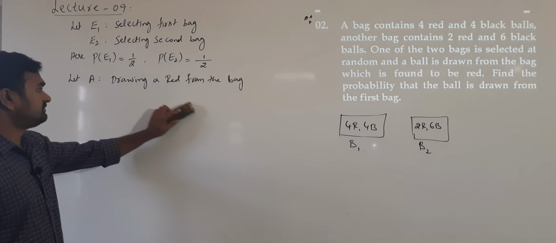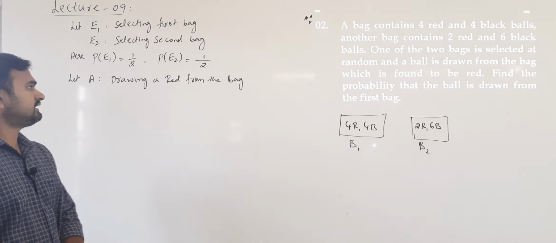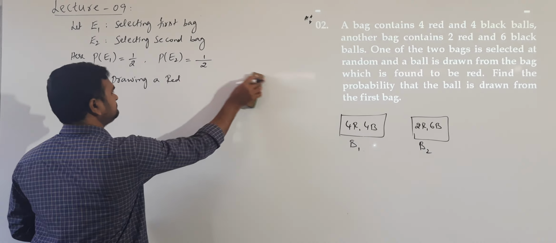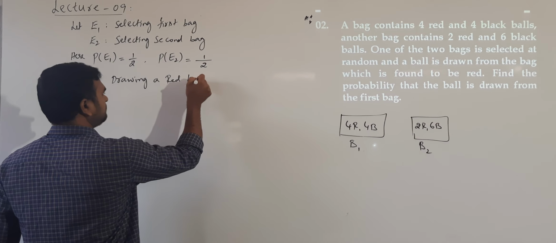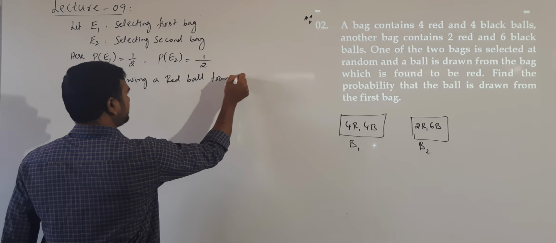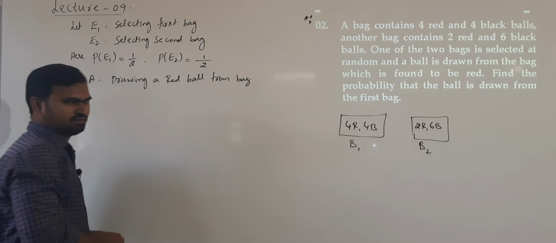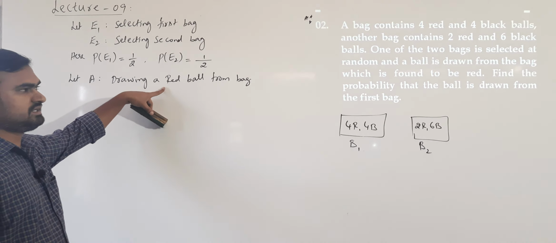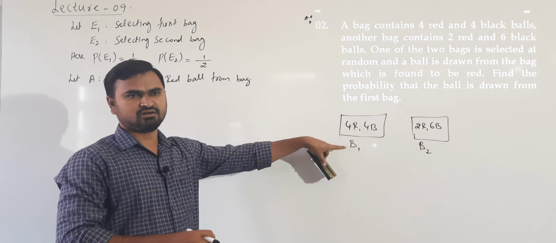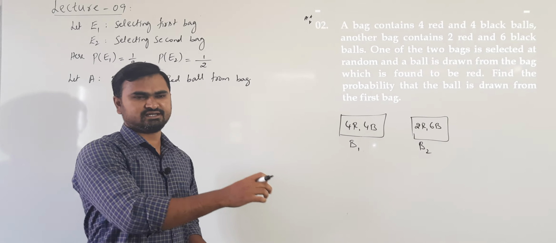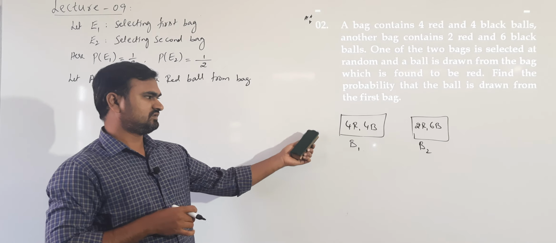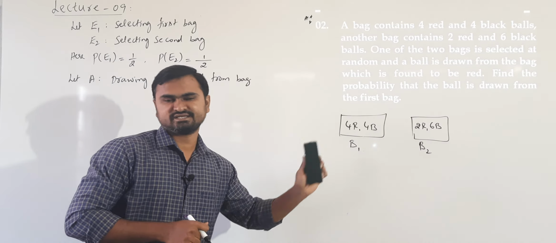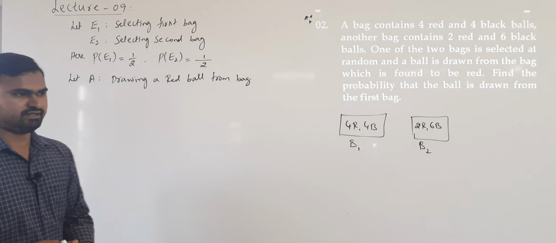Where can we get this red ball? Maybe from the first bag or maybe from the second bag. If I selected the first bag, we can get a red ball in that. If I selected the second bag, in that also we can get a red ball.